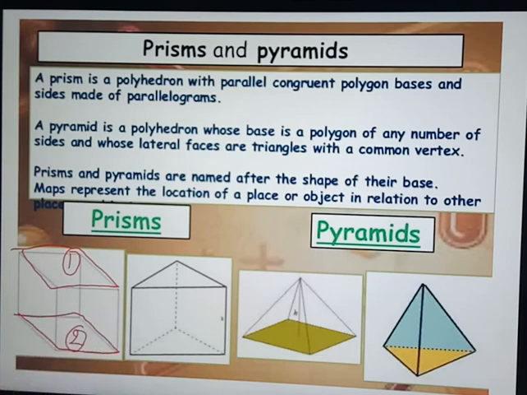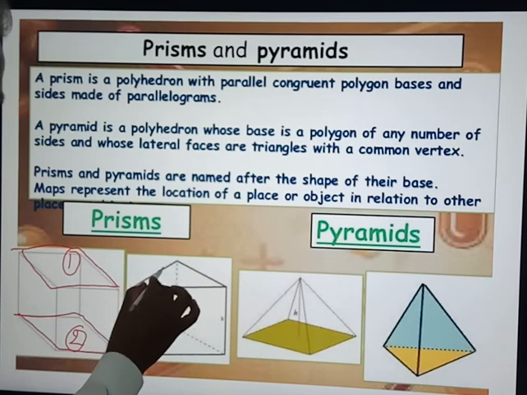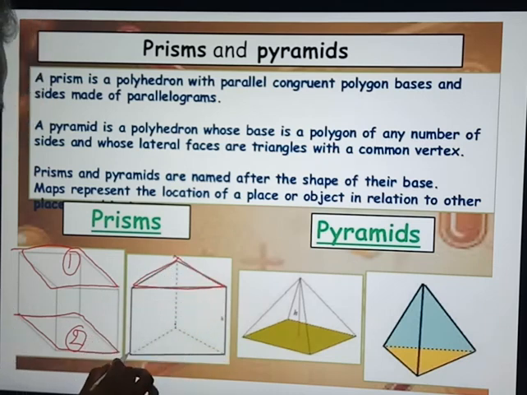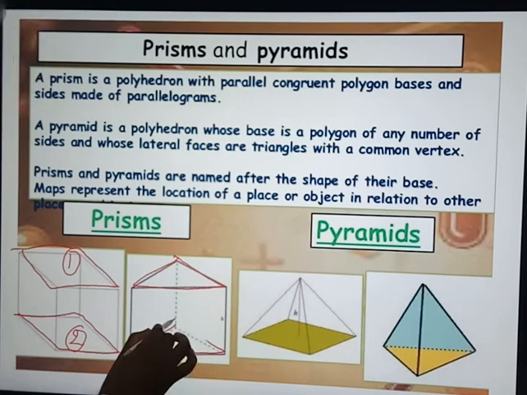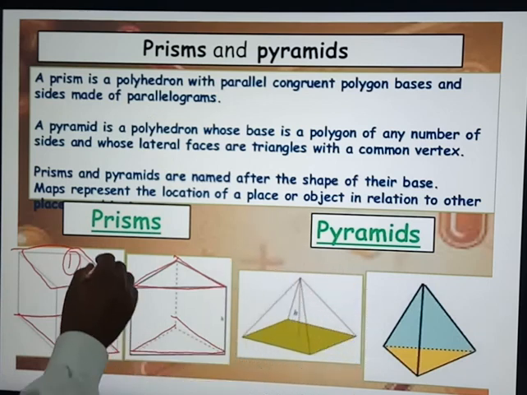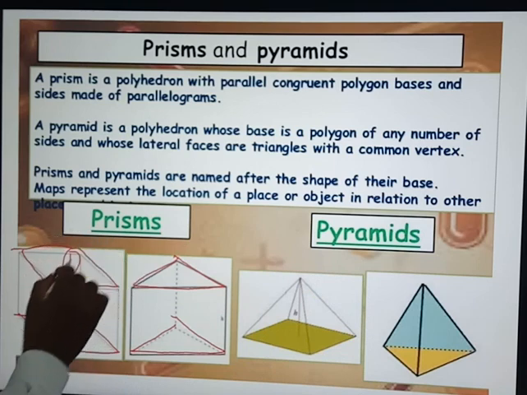These two bases are parallel to each other as well as congruent, having the same shape and size. In the second diagram, we have a triangle base, and at the bottom another triangle. These two triangles are parallel and congruent to each other. Such solids are called prisms.